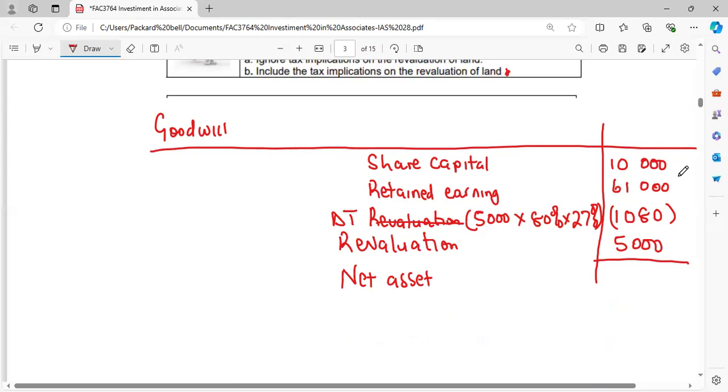It's 10,000 plus 61,000 plus 5,000 minus the deferred tax. Anyone who got the figure for the net assets? Oh, 74,920.